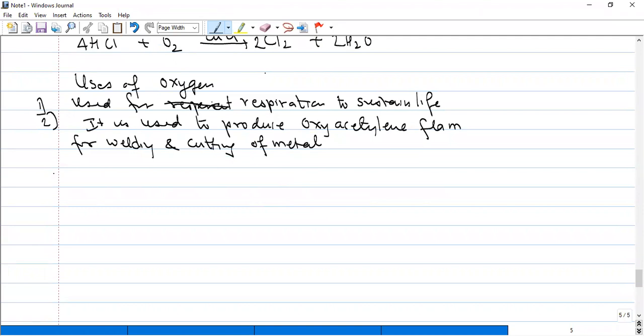Third, it is used for combustion of fuel. Combustion of fuel in car, in fuels, right? In rockets.